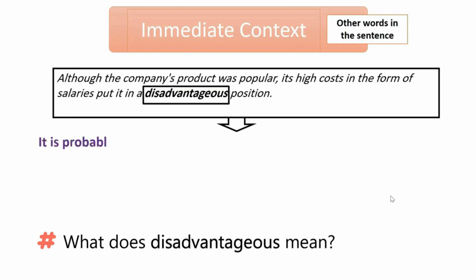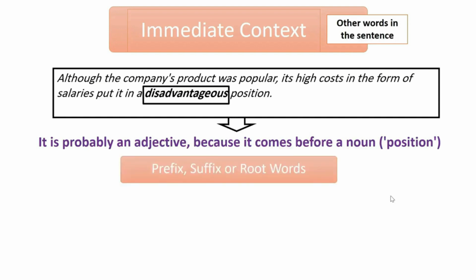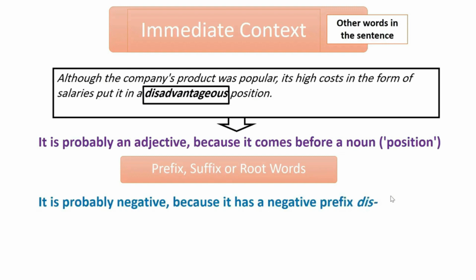So we know it is probably an adjective because it comes before a noun position, and adjectives usually come before nouns. As it relates to the prefix, suffix, or root words, we know that it is probably negative because it has a negative prefix, dis, disadvantageous. And also it is an adjective.